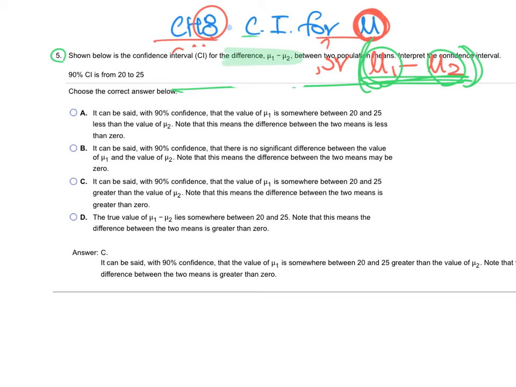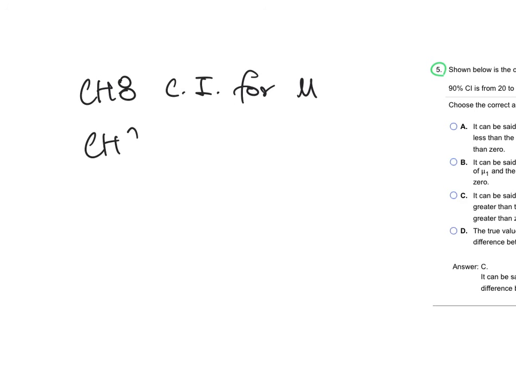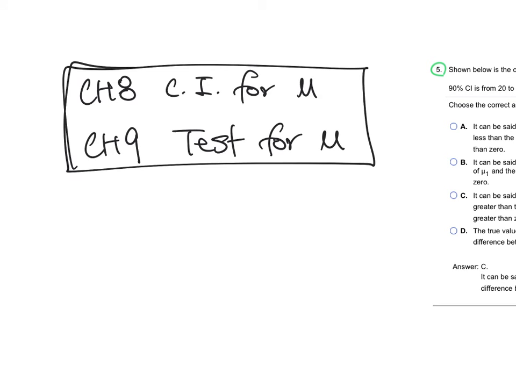Okay, so let me summarize here. Before, in chapter 8, we discussed the confidence interval for one population mean. And in chapter 9, we discussed the testing for one population mean, right? So chapter 8 and chapter 9 are only based on one population mean and one sample.